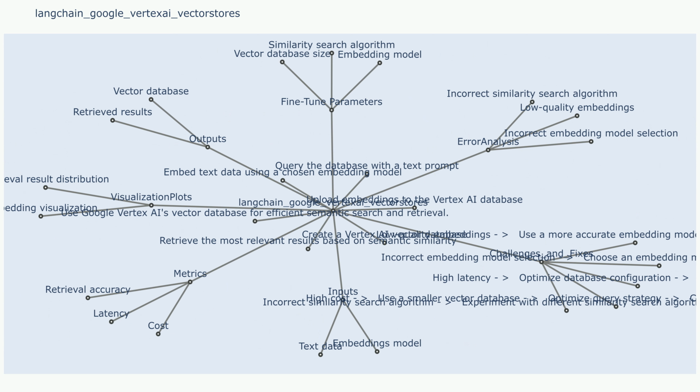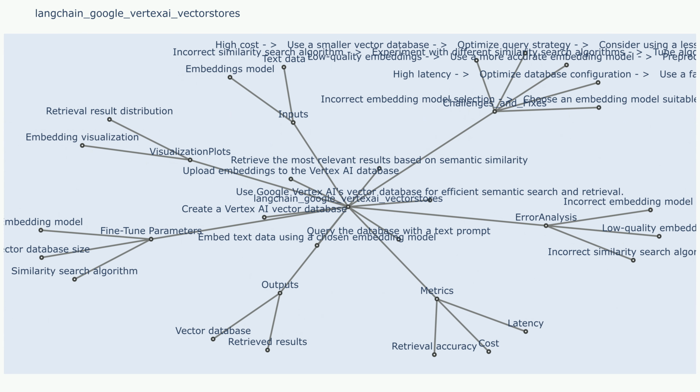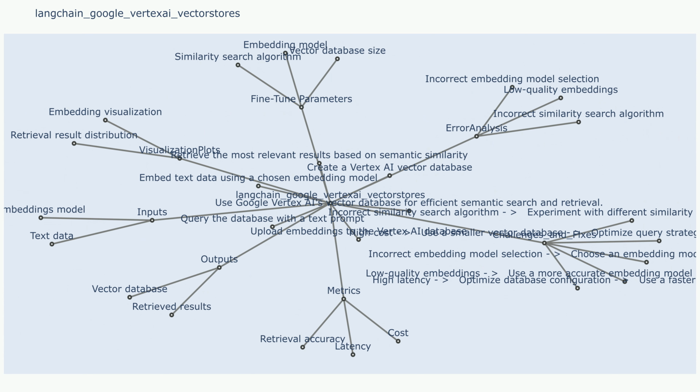Outputs. Vector store. A Vertex AI vector store containing the embedded data. This vector store acts as a searchable index, allowing efficient retrieval of similar documents based on the cosine similarity between their embeddings. Steps. Create an embedding model on Vertex AI.